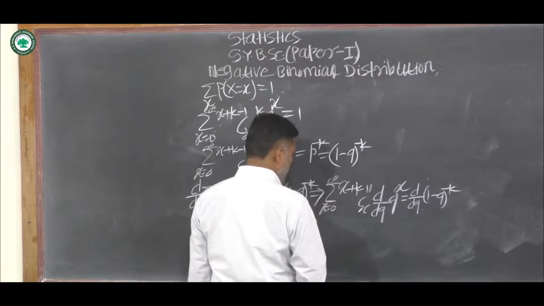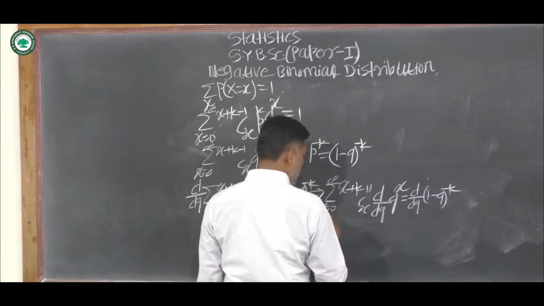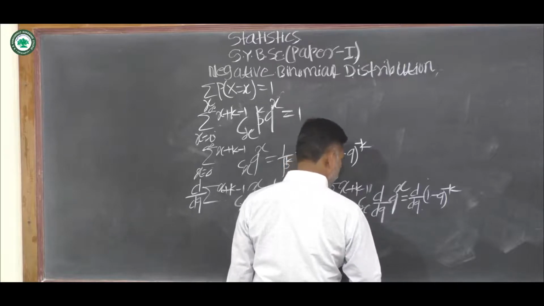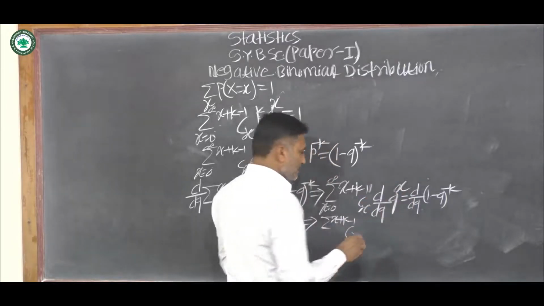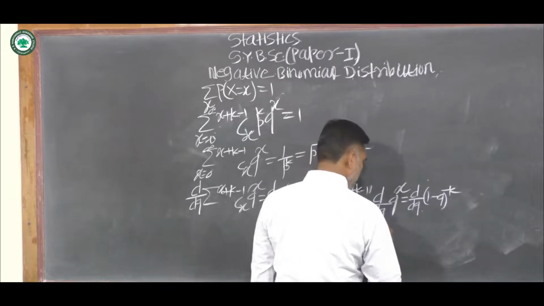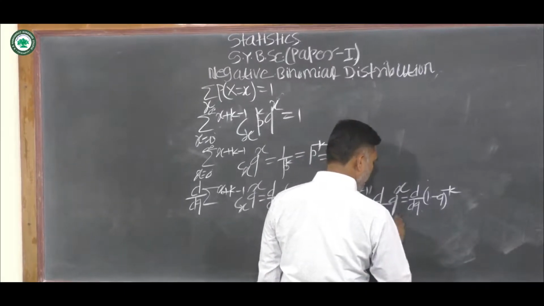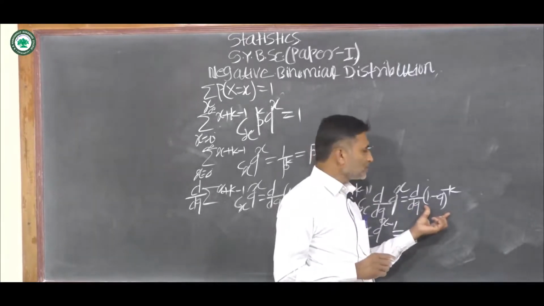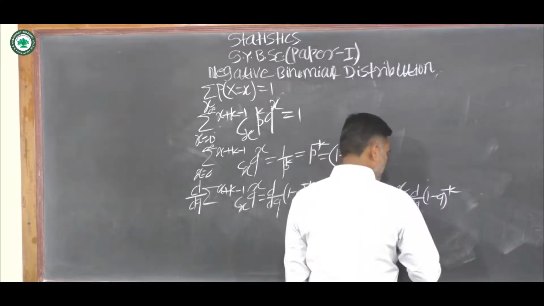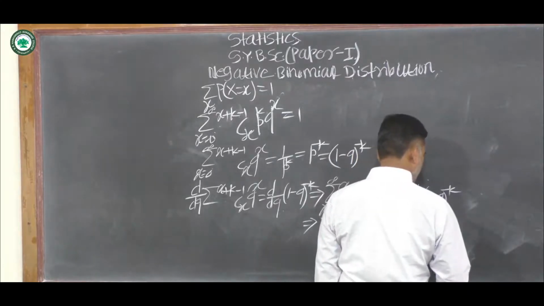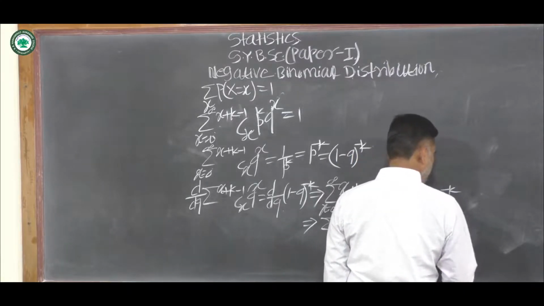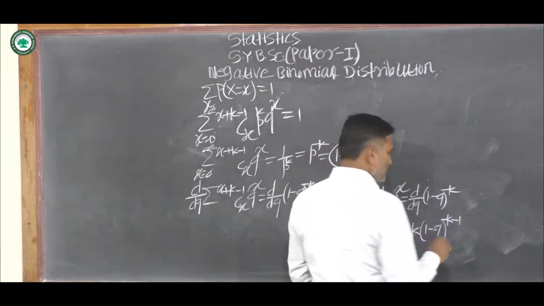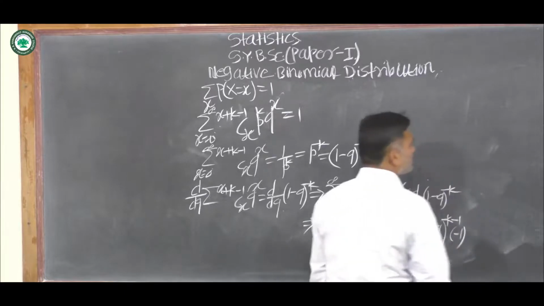Again this implies that the summation of x plus k minus 1 C x into the derivative of q raised to x, which is x into q raised to x minus 1, is equal to the derivative of this term 1 minus q, bracket raised to minus k, which is minus k into, in bracket, 1 minus q, bracket raised to minus k minus 1, into the derivative of minus q, which is minus 1.